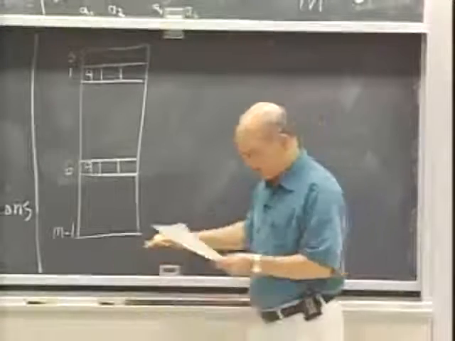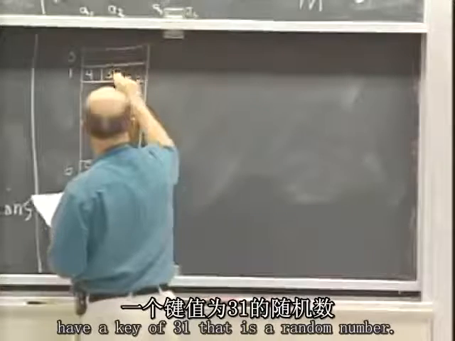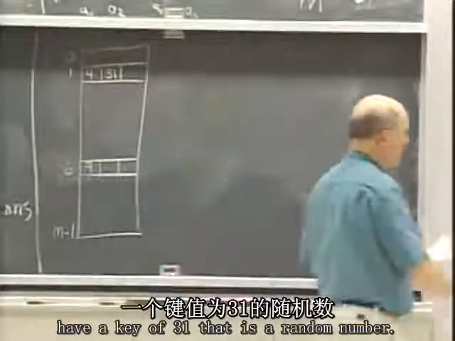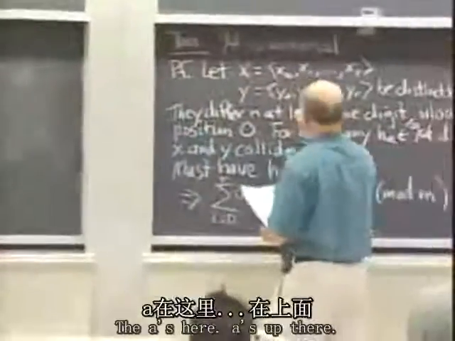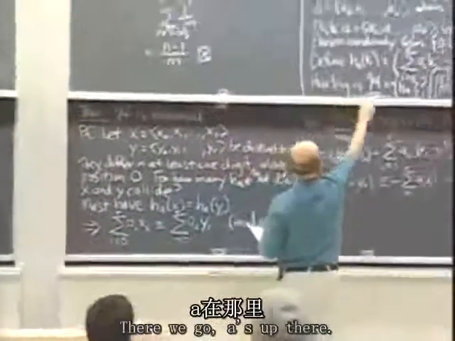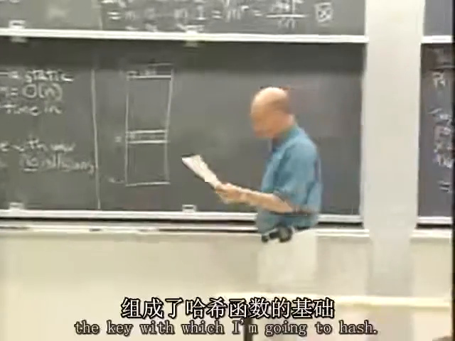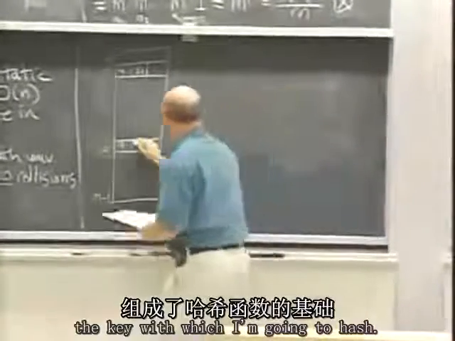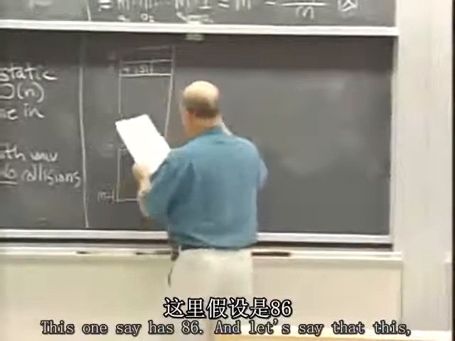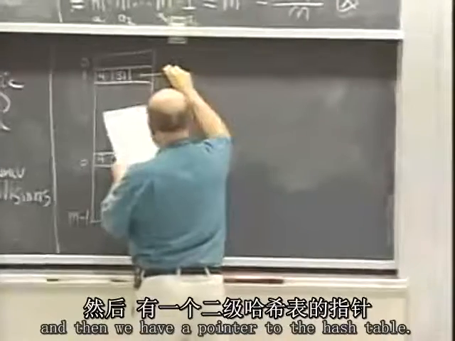So for example, this one might have a key of 31 that is a random number. The a's are up there. That's going to be the basis of my hash function, the key with which I'm going to hash. This one, say, has 86. And then we have a pointer to the hash table.